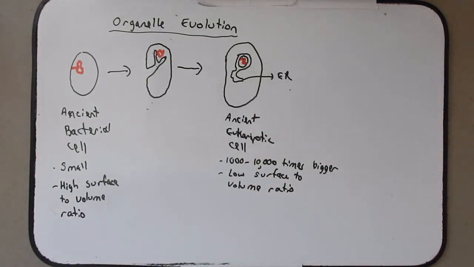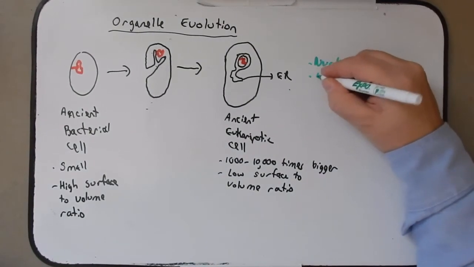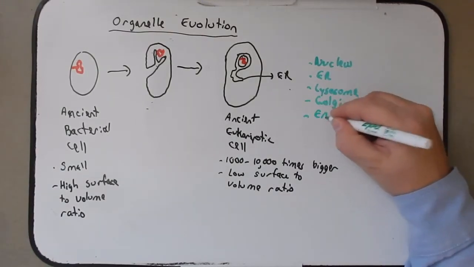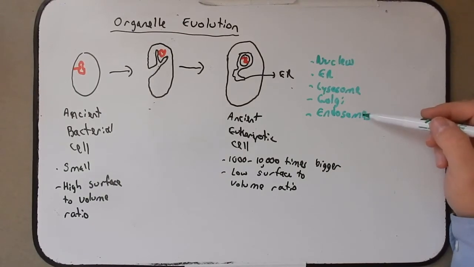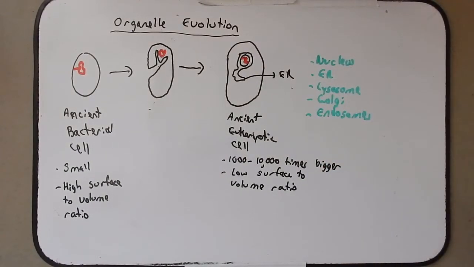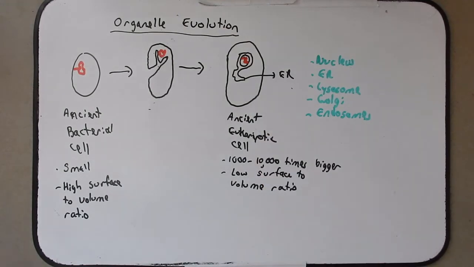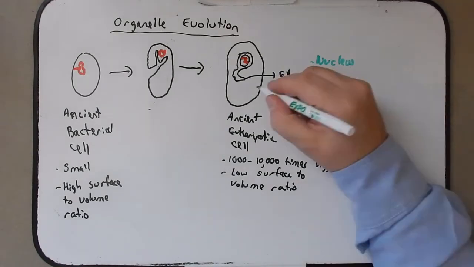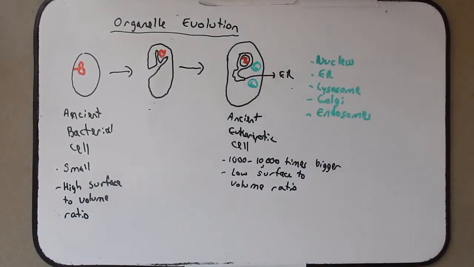It is also likely that, in addition to the nucleus and the ER, the lysosome, the Golgi, and endosomes, which we're not really going to talk about too much in this class, likely all arose due to invaginations of the plasma membrane. Okay, so let's continue working with this ancient eukaryotic cell and add some more to it. And let's assume that this has now also gained lysosomes, Golgi, and the endosomes.